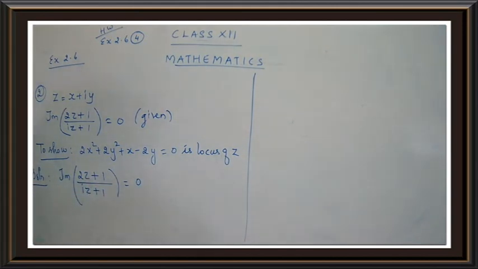The first step is just go on substituting the value that we know. I know the value for z. So imaginary 2 into x plus iy plus 1 upon i into x plus iy plus 1 is equal to 0.